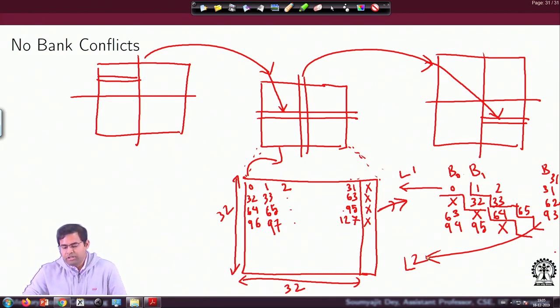Now, due to this insertion of an extra column in the tile, I have got memory padding in the shared memory, and this memory padding is removing the conflict that was happening in each load instruction of the column in the tile. When I look at that access in terms of banks, I am always accessing all the banks in parallel. So, I do not have any conflict while loading the values for the column from the shared memory banks.